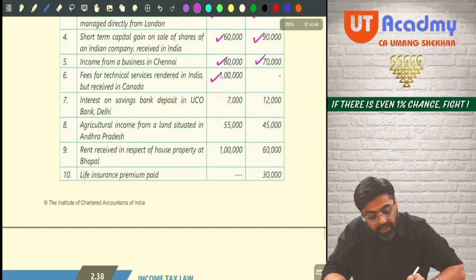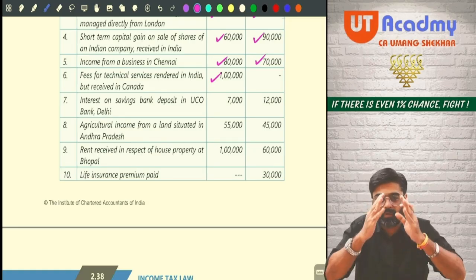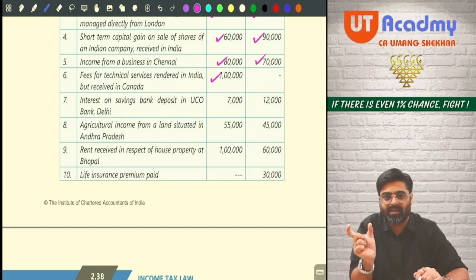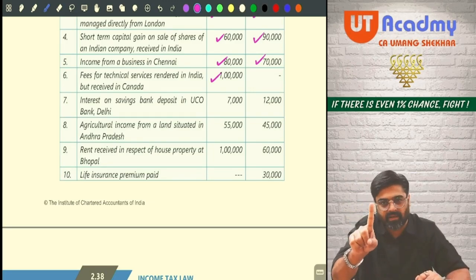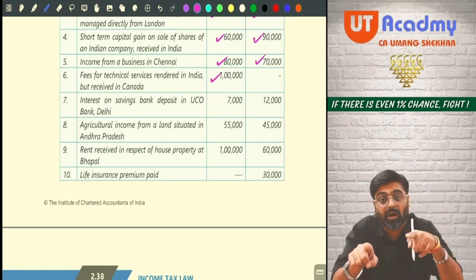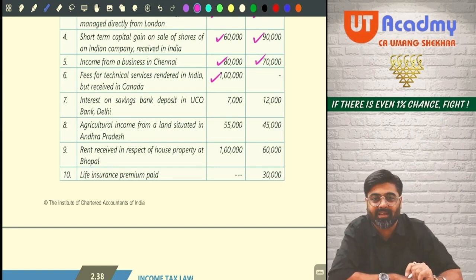Now, interest on savings bank deposit in UCO Bank, Delhi. Do you remember yesterday I told you one small chart? A savings account in a bank in India will give you interest. That is your Indian income. First of all, it is taxable. Then later on, up to 10,000 of that amount you can claim as a deduction under 80TTA.